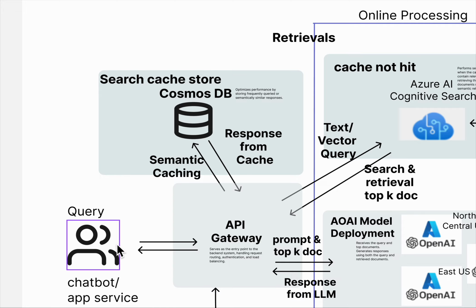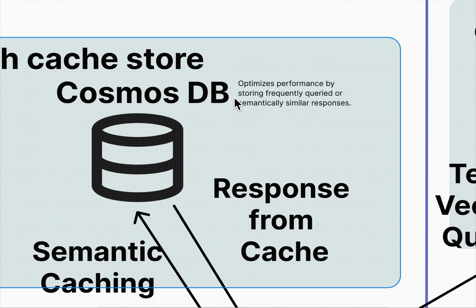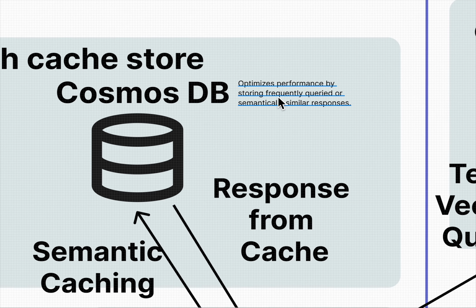This semantic cache is stored in Cosmos DB. Cosmos DB, which is a MongoDB core API, offers a distributed storage and global low latency queries backend solution for high concurrency and real-time caching needs.